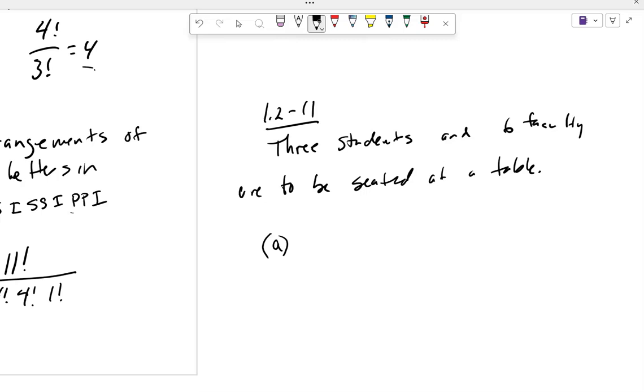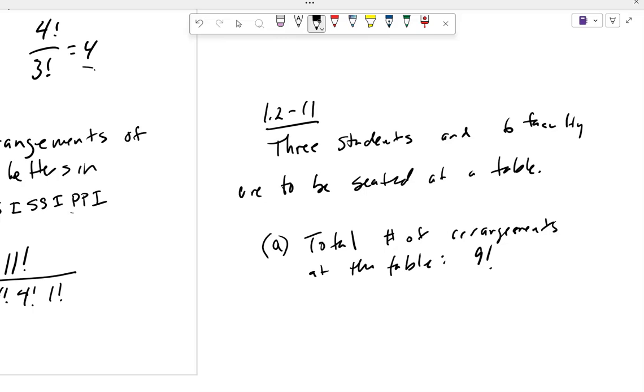Now, if I want to treat everybody as distinguishable, as 9 different people, how many total arrangements are there at the table? Good. I've got 9 different people, and I want to seat them at a table. There's 9 factorial different ways to do that, correct?